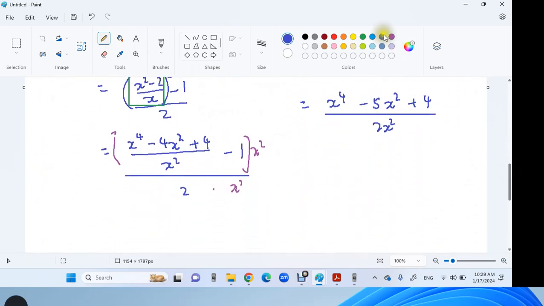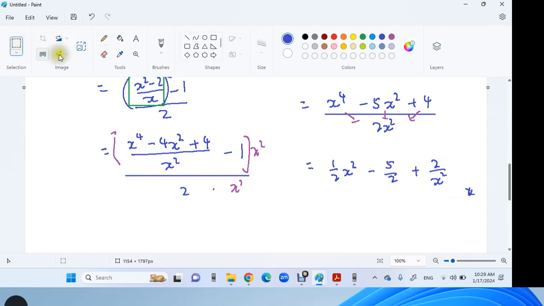So we have this divided by this, and this divided by this. Then it will become x squared over 2 minus 5 over 2 plus 2 over x squared. So this will be the answer.